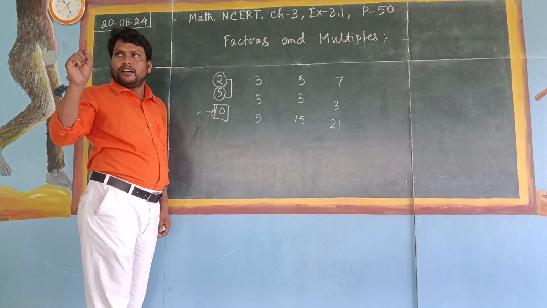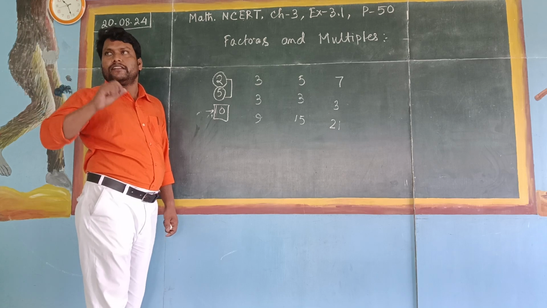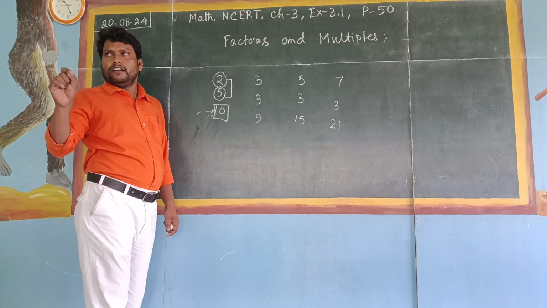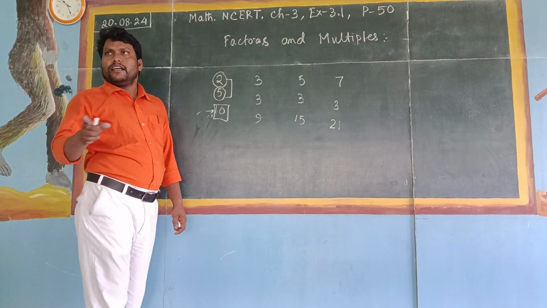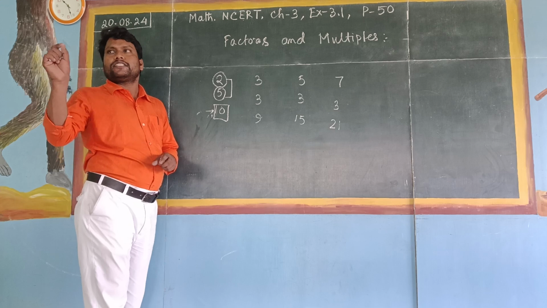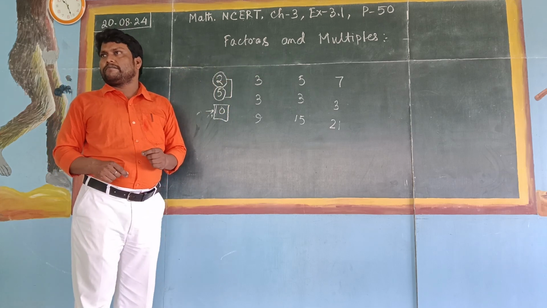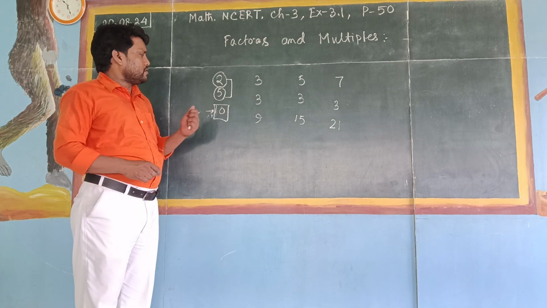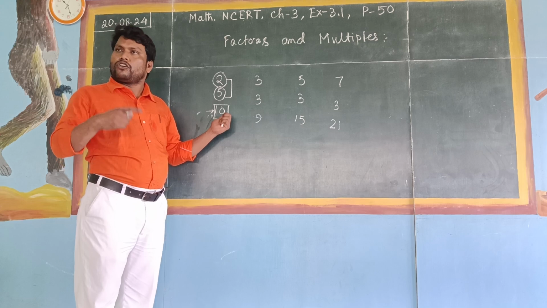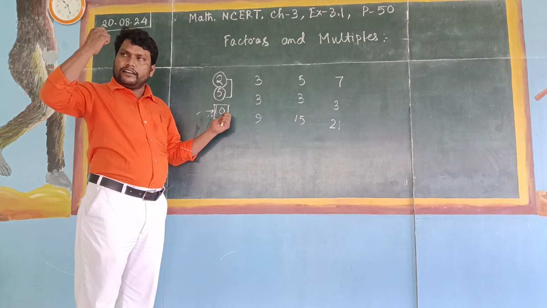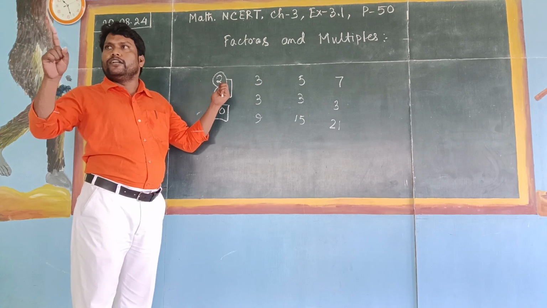For this reason, I have said again and again, please memorize the tables. If anyone can say any table, he or she must solve the problems on factors and multiples. Suppose the question is, write the factors of 10. Automatically it will arise in your mind: 1 into 10, 2 into 5.